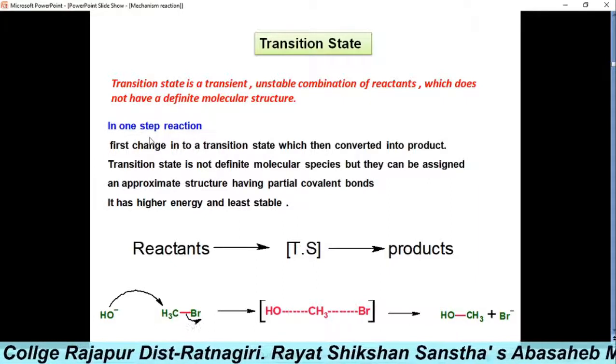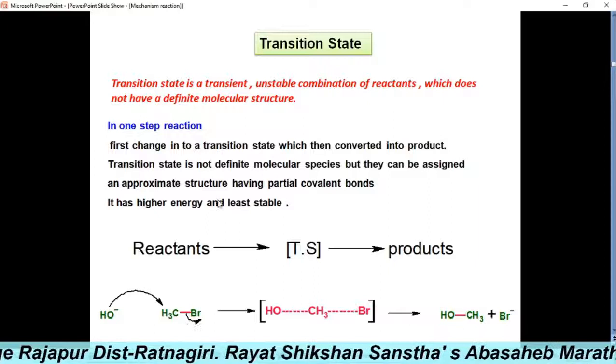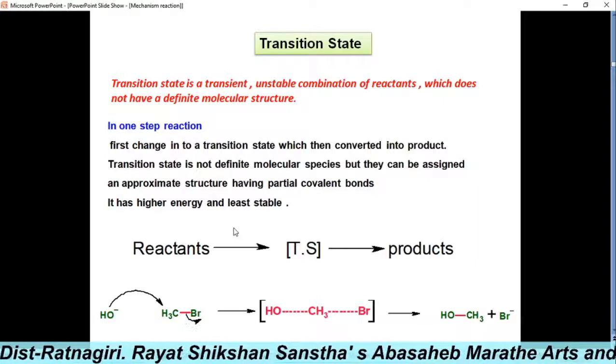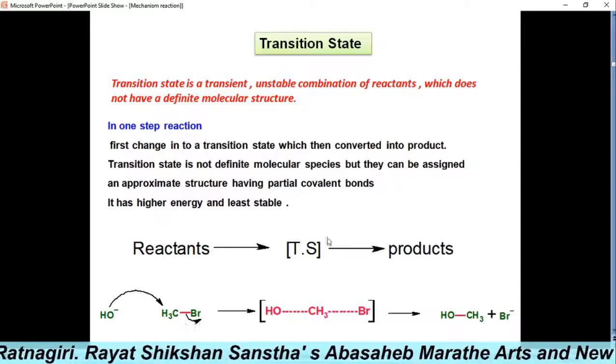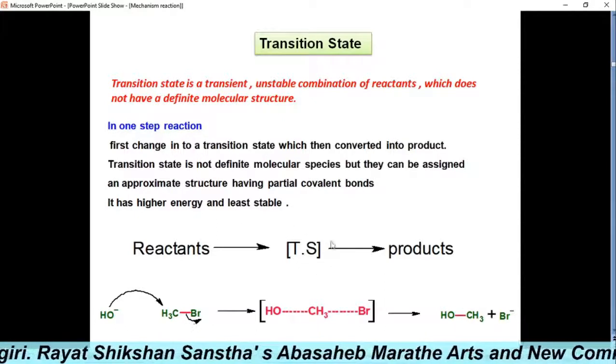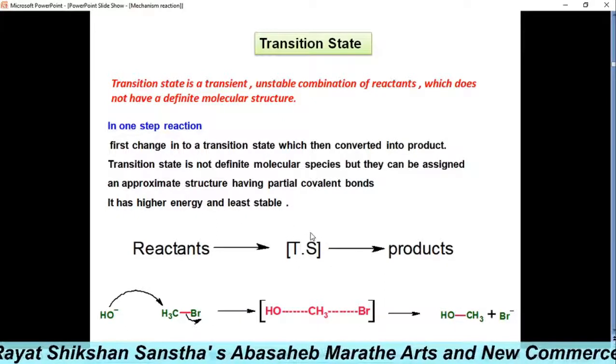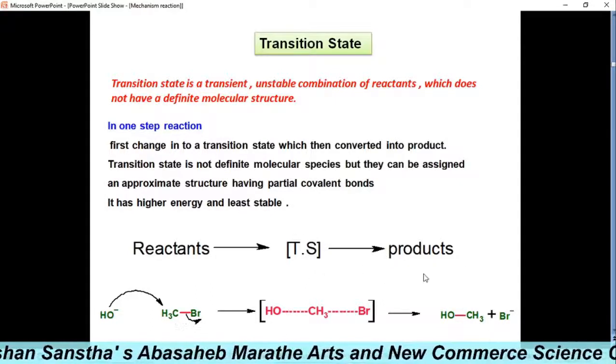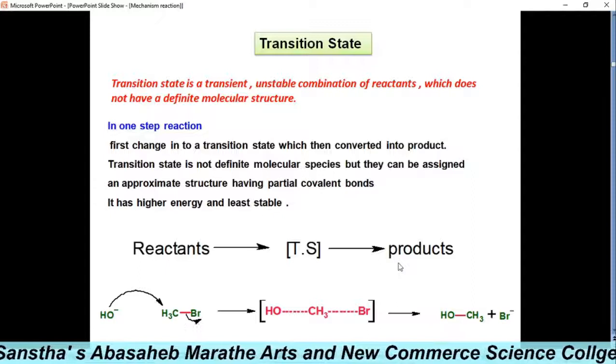In a one step reaction, the reactant first changes into its transition state, and then this transition state is converted into the products.